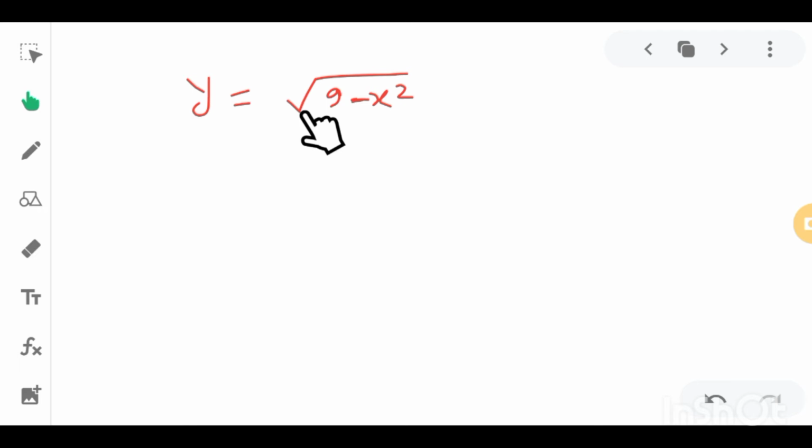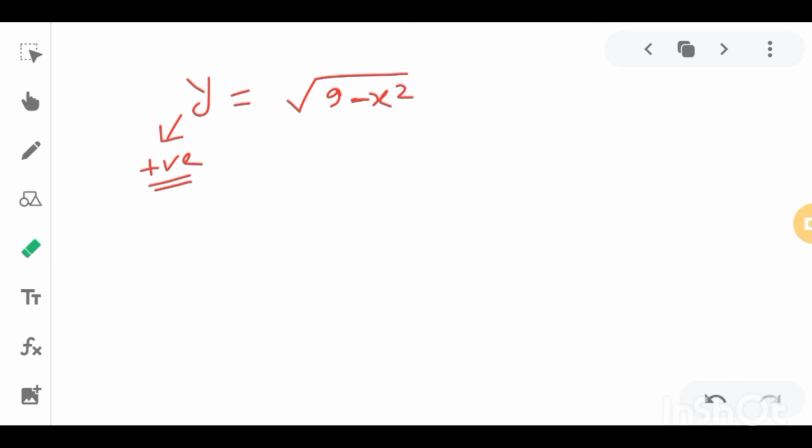You know this property, correct? Because before the square root there is plus, obviously this will give plus value. So y will be positive. One information I collected, that y will be positive. So if y is positive it will vary from 0 to infinity. We'll check what is the range.